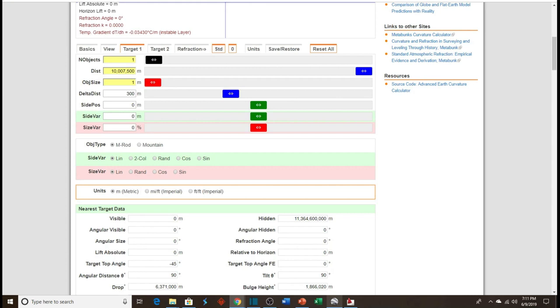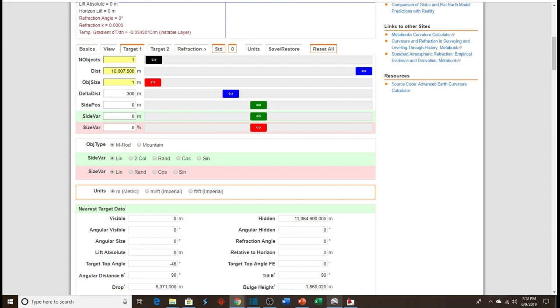So you have to take 6,378,000, whatever number I had, times 2 times pi, and then divide by 4. And you'll end up with 10,007,500 meters. If we did that in miles, it's 6,218.4 miles. That's a fourth of the circumference of the Earth at the equator. Okay.